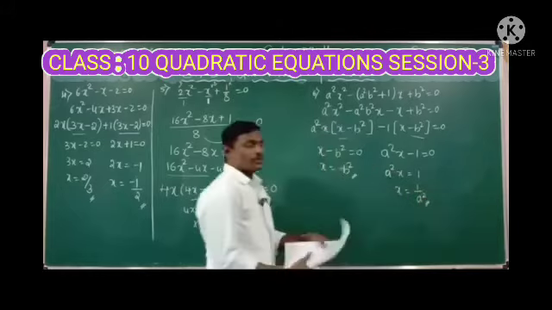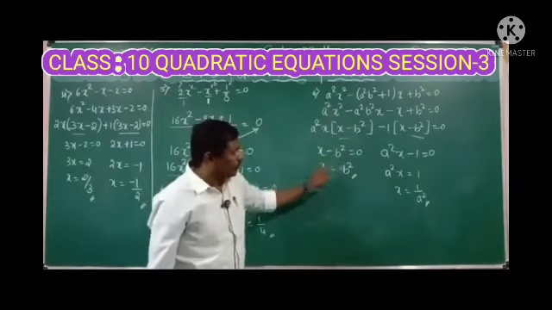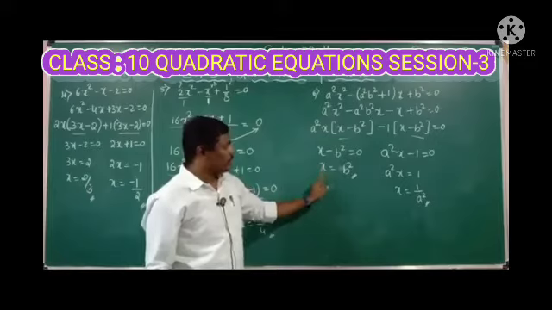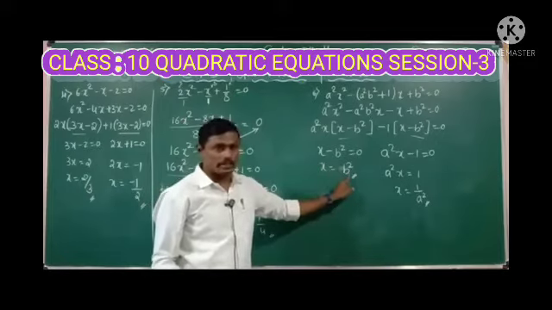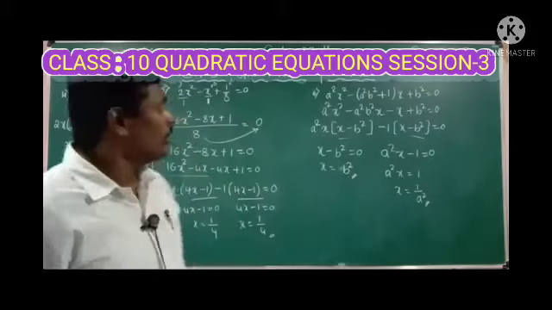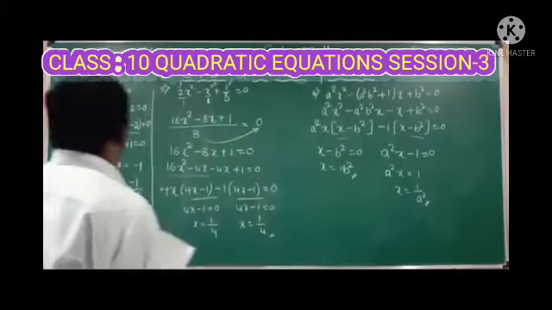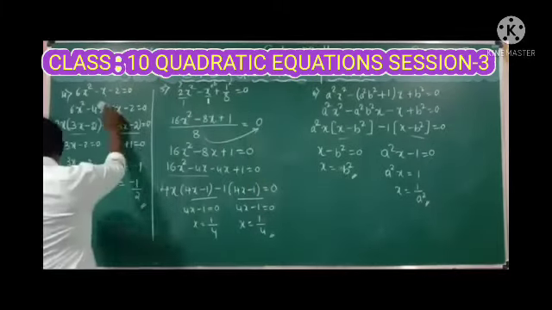What are the two roots here? x is equal to b square and x is equal to 1 by a square. So these two are the required roots of the quadratic equation.